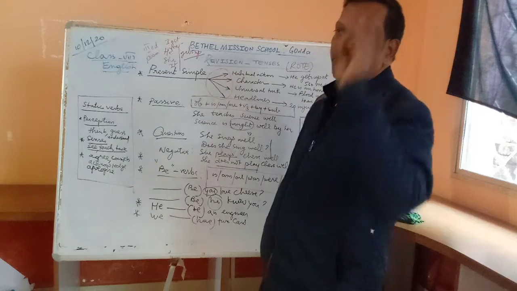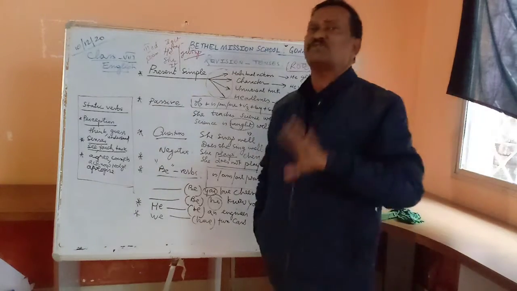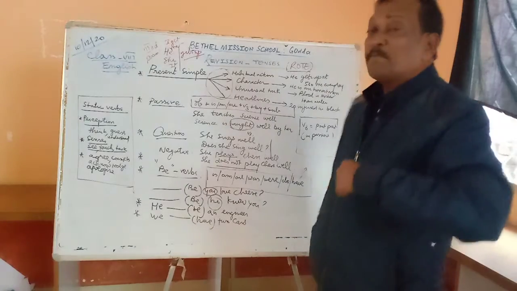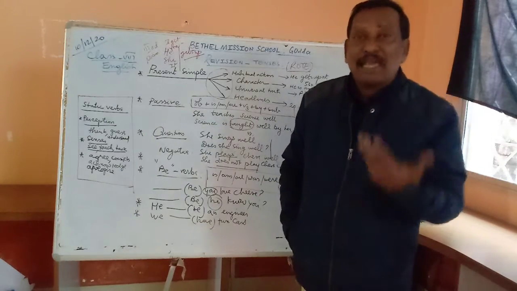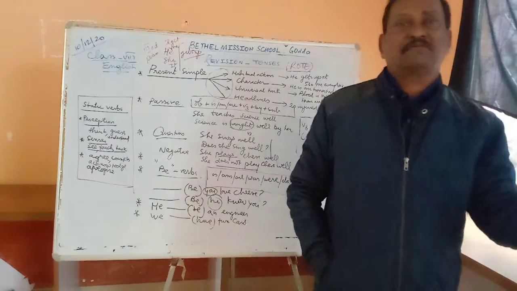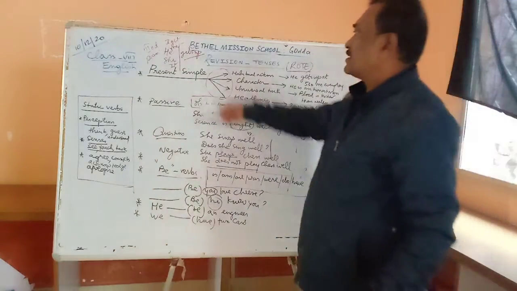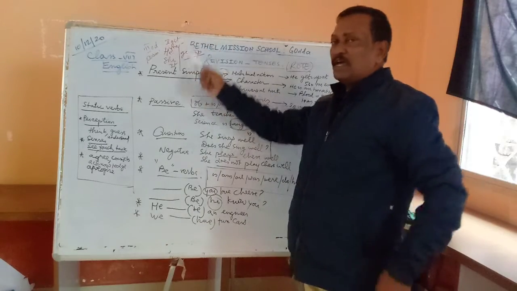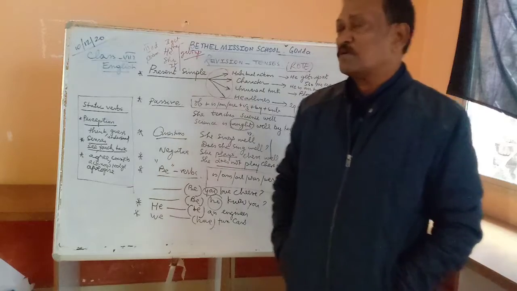The verb takes S or ES with it, and we are not to forget this. He plays. It's not he played. I play. You play. We play. They play. But he, she, it plays. This change has to be kept in mind.